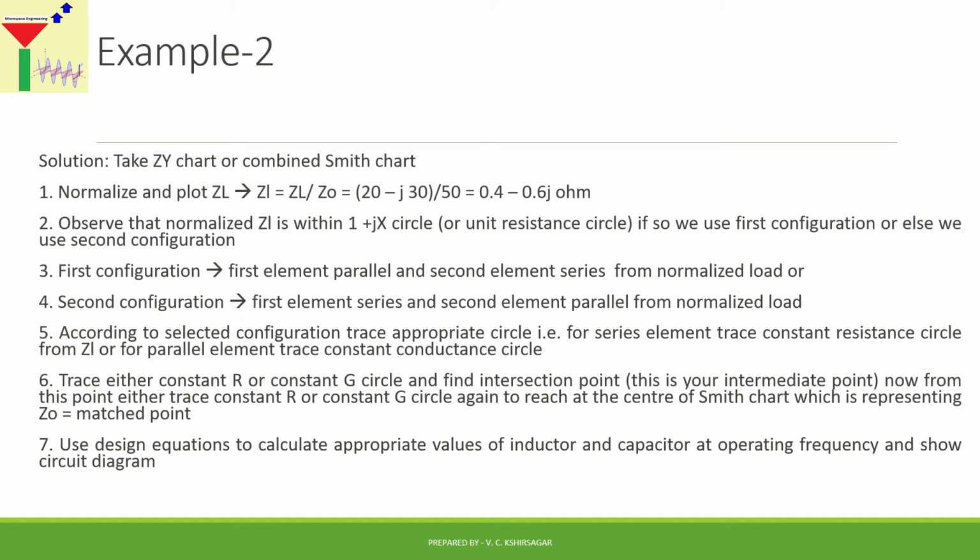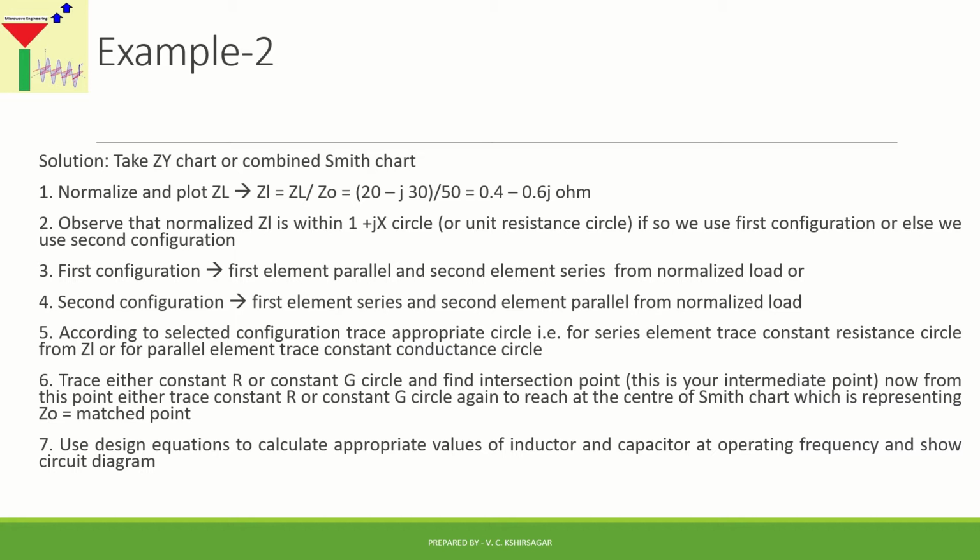First, the solution. Please remember, whenever we want to design a lumped element matching circuit, try to make use of a ZY chart. We can also make use of a Z chart, but with a ZY chart the conductance circles and resistance circles are directly available.